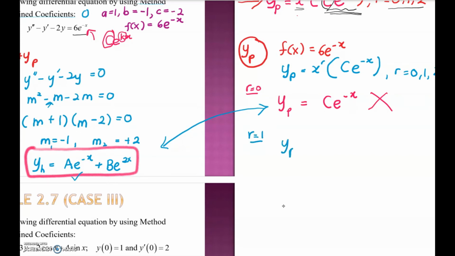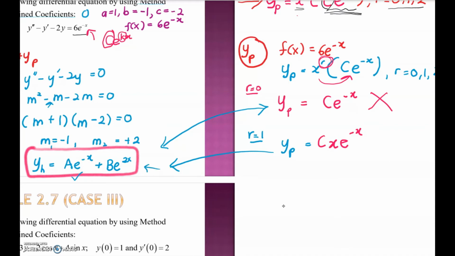When r equals to 1, I have yp equals to, so I substitute here when r equals to 1, so that I have to multiply x inside. So I have cx e negative x. Then I stop for a while and try to compare again with my YH. Does cx e negative x similar to any term in the solution of YH?